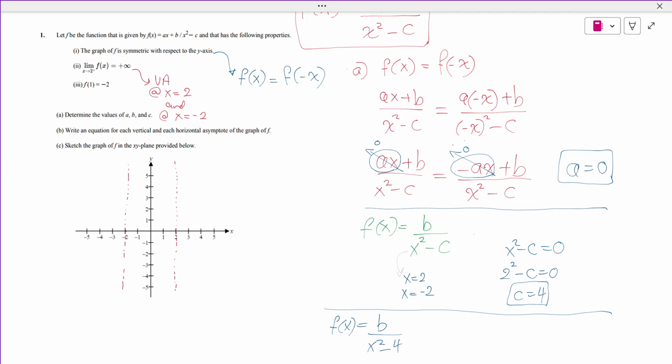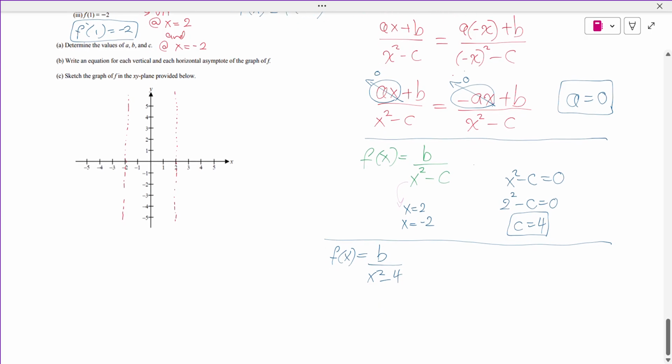How do we find the value of b? By looking at the third given property, which is f prime of 1. f prime of 1 equals minus 2. So we'll use this property to find the value of b. Okay? So let's find f prime now. f prime of x. We will apply the quotient rule.